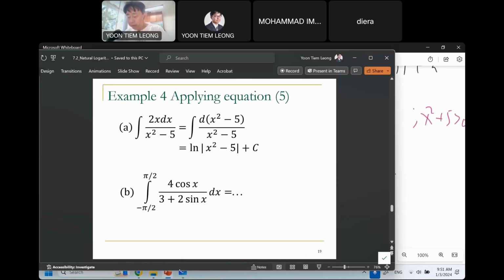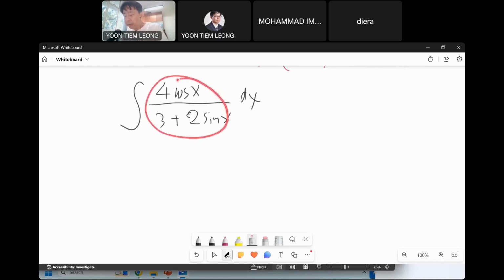In example B, the integrand function is a ratio of two functions. After some consideration, you can see that the numerator is in the form of the derivative of the function in the denominator.